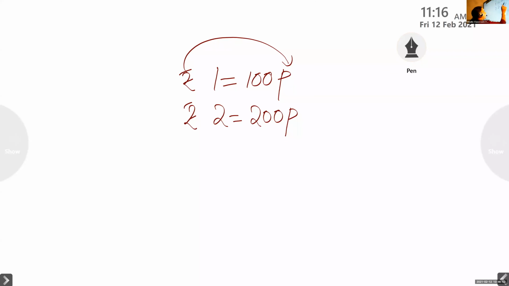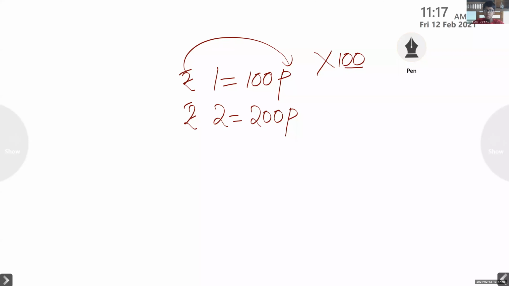So children, what we discussed: rupees 1 is equal to 100 paise. Rupees 2 is equal to 200 paise. So children, rupees to paise, actually what we are doing is multiplying with 100. Look here, how many zeros? 2 zeros.